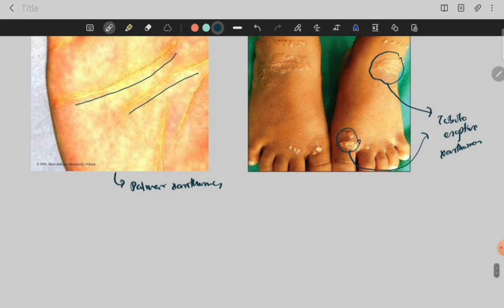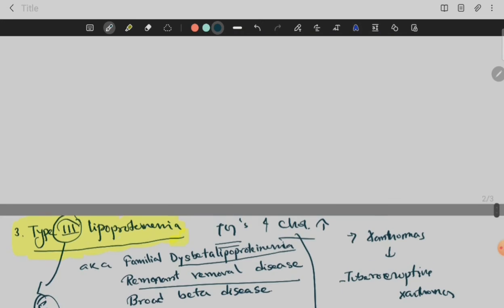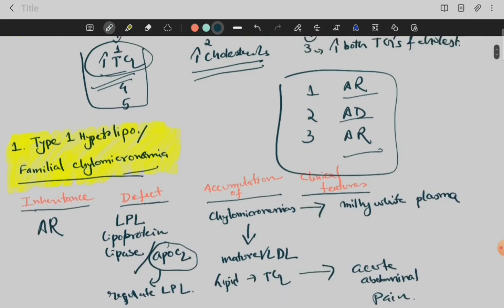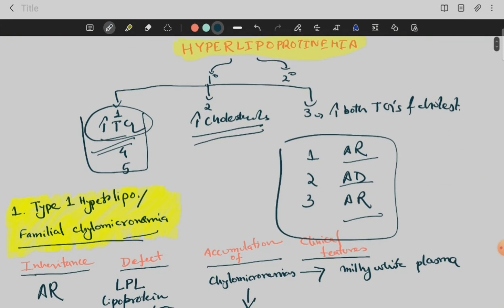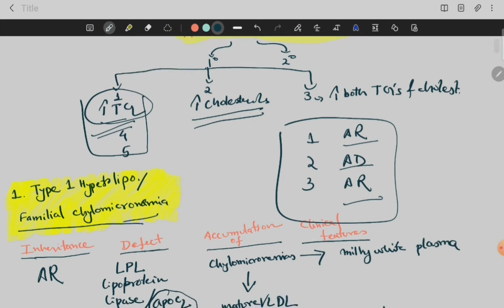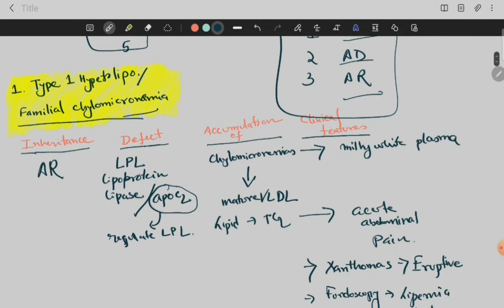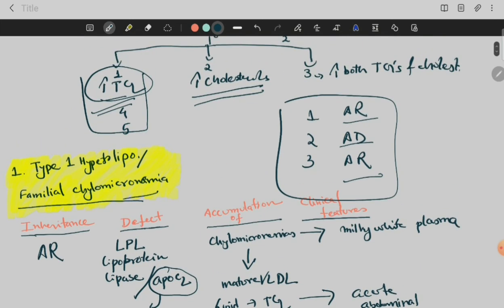So this is all about the major types 1, 2, 3. You can simply remember like that. The TGs are increasing in type 1, cholesterol in type 2, and in type 3 both TGs and cholesterol are increasing. Here autosomal recessive, autosomal dominant, autosomal recessive, like that you can remember.